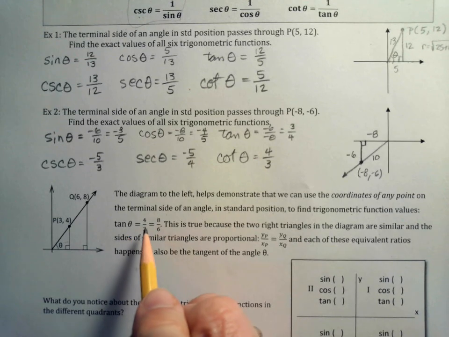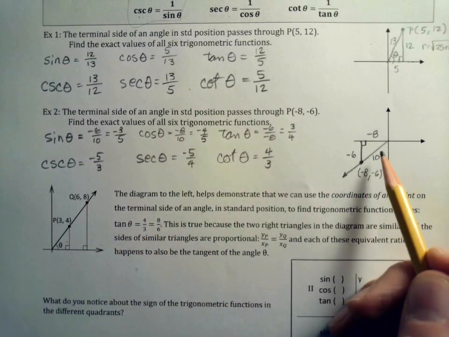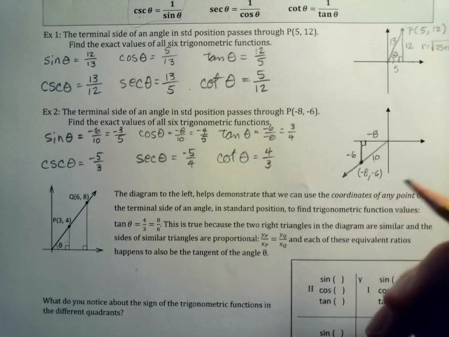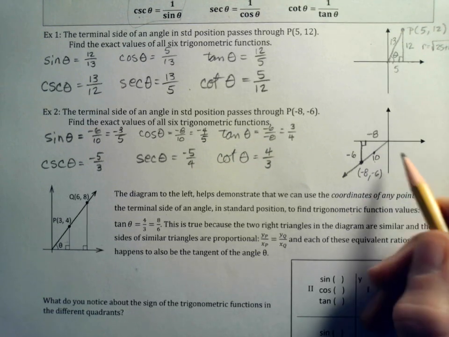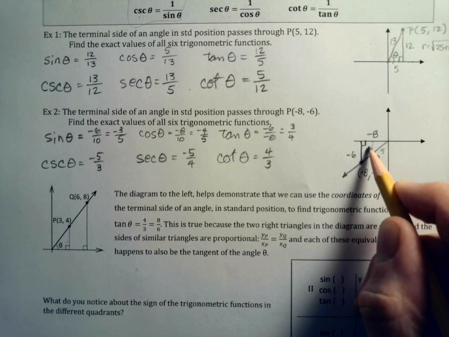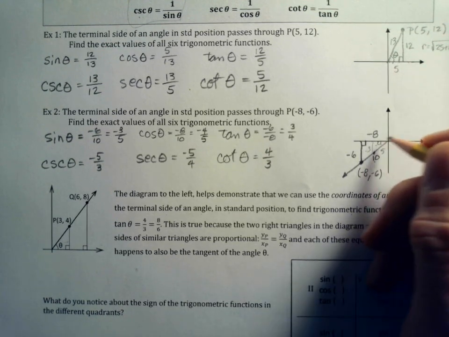So for example, tangent of theta is the y over the x. Notice, even though we had -8, -6, and 10, we could have used this point right here, which was 5, and then we use -3 and -4.